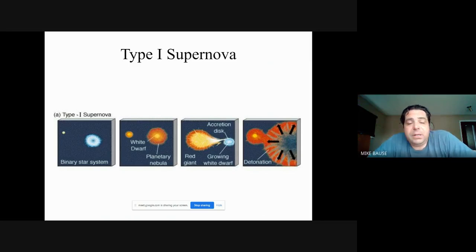And what happens is it becomes a red giant. When the red giant happens, the matter literally expands 100 times away from the core than it used to be. That binary star, that other star, steals some of that matter from the red giant. Now, what happens is this makes the other star more massive. More massive stars have shorter lifespans. So what ends up happening to that second star is it begins to turn into a red giant.